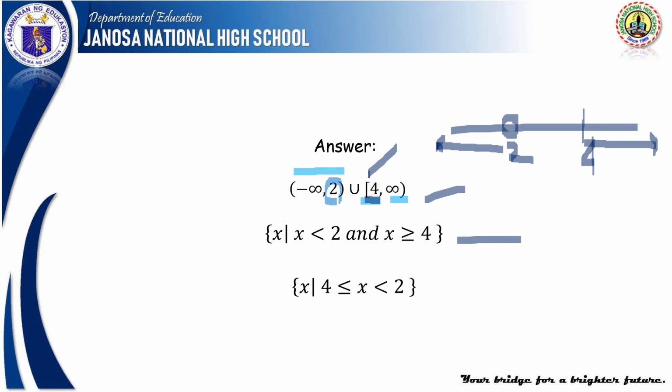Less than 2 and since included din, greater than or equal to 4. For this one, ganun din. Yun nga lang, nauna yung mas malaki sa mas maliit. So x such that x is greater than or equal to negative 4 but less than 2.